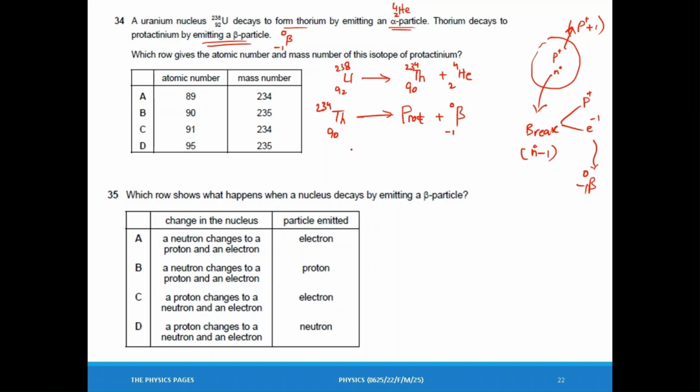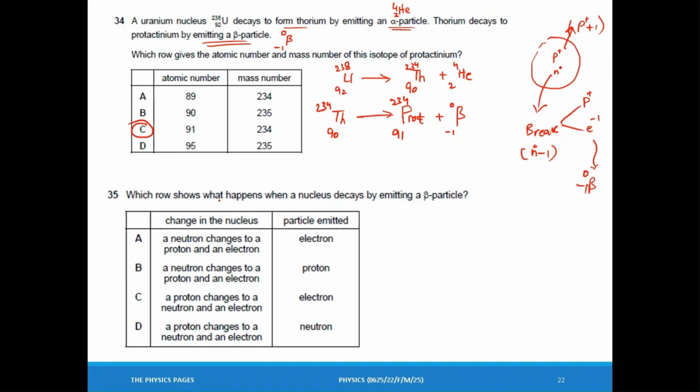I told you the nucleon number is not changing, but the atomic number is increased because the number of protons is increased. So this will change into 91. So your right choice will be C, 91, 234, protactinium.